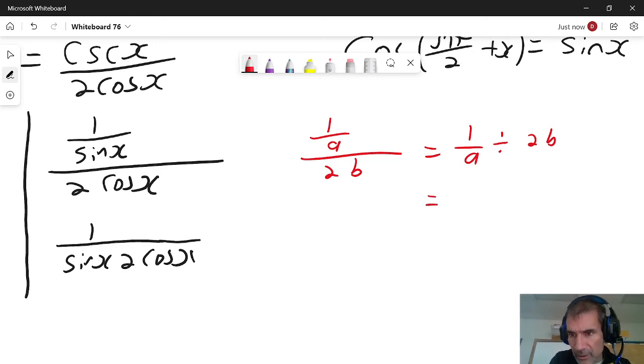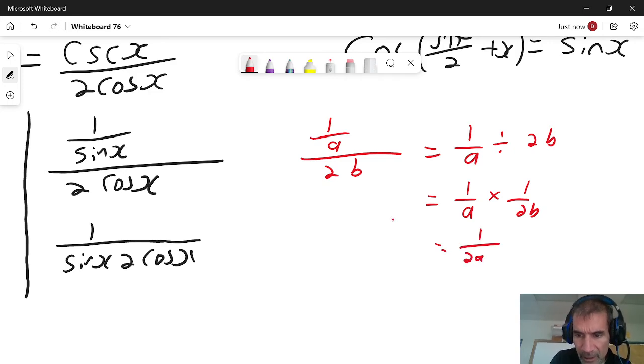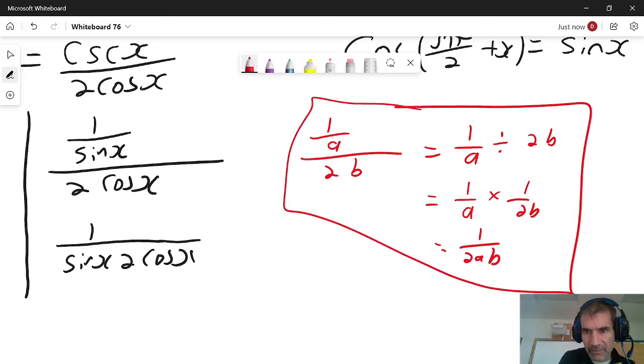And when we divide a fraction, we multiply by its reciprocal, so that's 1 over a times 1 over 2b, which is 1 over 2ab. The shortcut way I'm doing that is I just take the numerator here and multiply it by the denominator here. So the sine x came down to the bottom in a similar way, justified here.